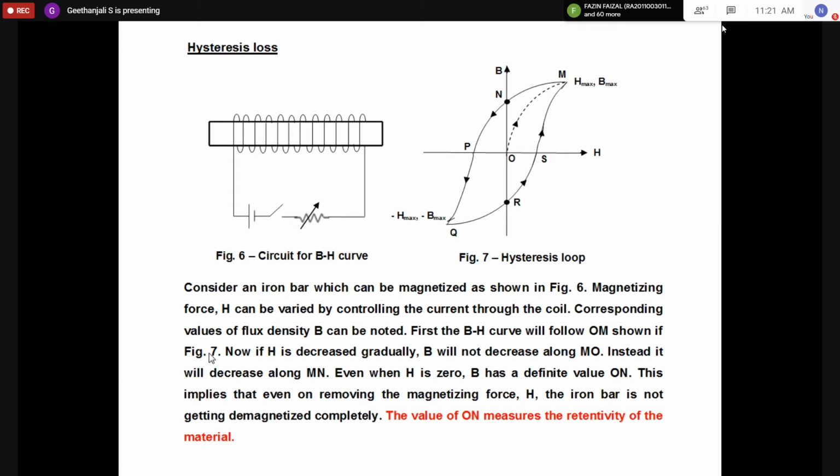B will not decrease along OM. Now if H is decreased, B will not decrease along MO. Instead, it will reach along MN.